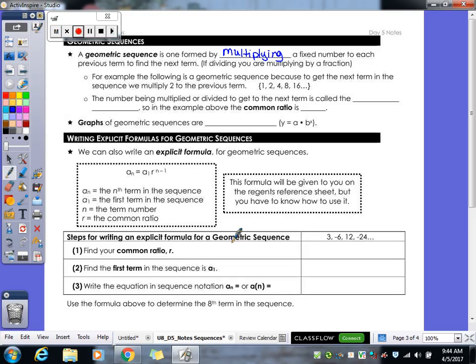So our example here, 1, 2, 4, 8, 16 is a geometric sequence because you're multiplying times 2 to get from one term to the next. The number being multiplied is called the common ratio.